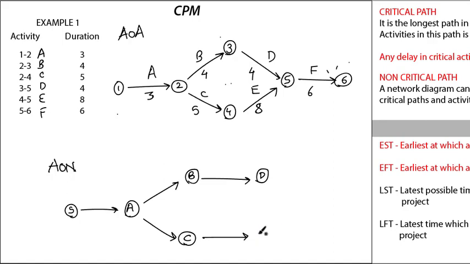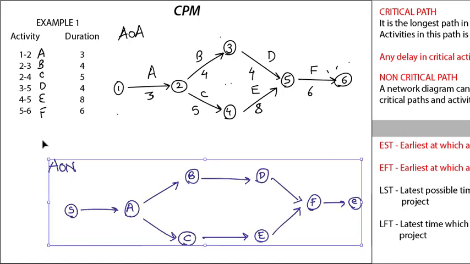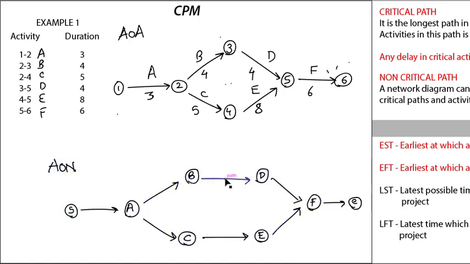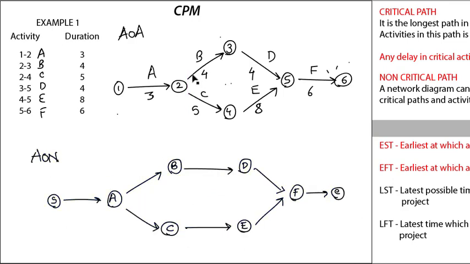Sorry, it will be E. Okay, and both together join to form F, right? So F has predecessors D and E. Okay, and that will be the end activity, right? So this diagram is activity on node. Okay, so that's the basic difference between activity on arrow and activity on node, right?